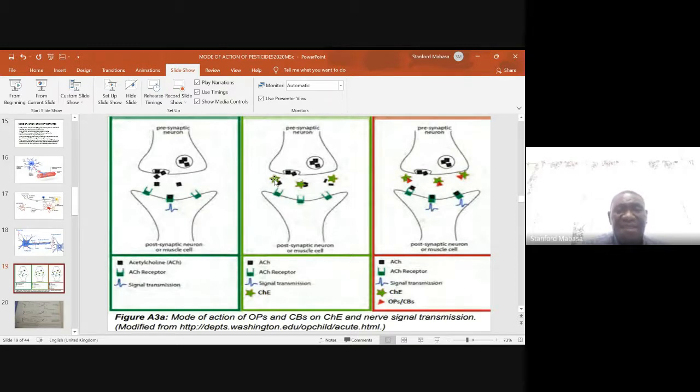After that, this acetylcholine has to be liberated so that it can be reused.